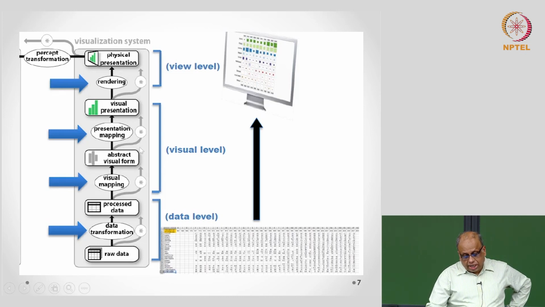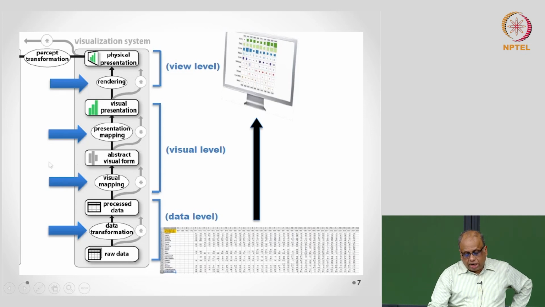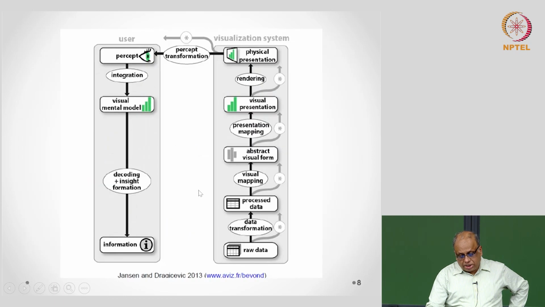Then you have a visual structure, for example a graph layout. Then you render and get the actual view on the computer screen. So from the data level, you go to the visual level and then to the view level. That is how you create the visualization.